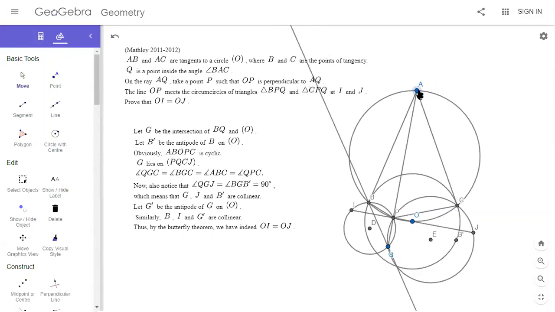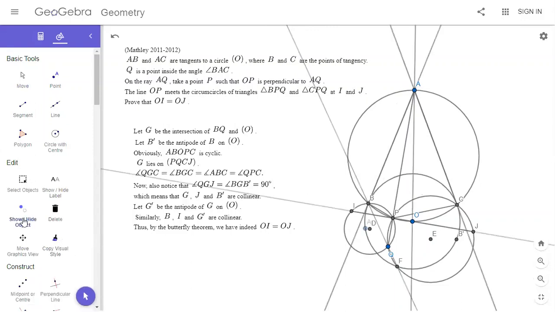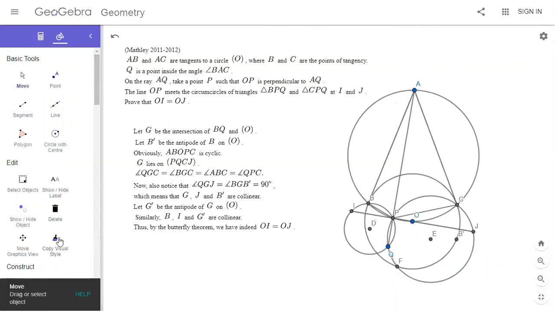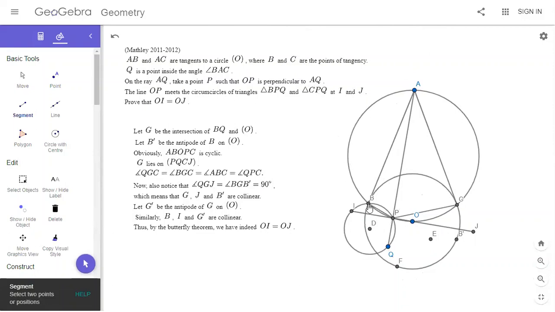So it's like G is where those two circles intersect. Is that true? Yeah, okay. So yeah, I'm gonna hide this just so that, okay, so that's G.